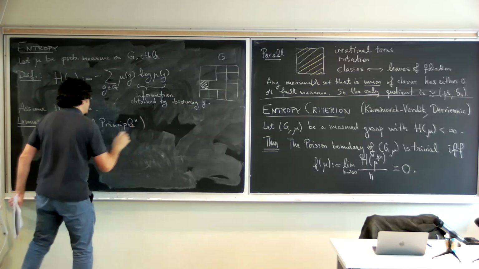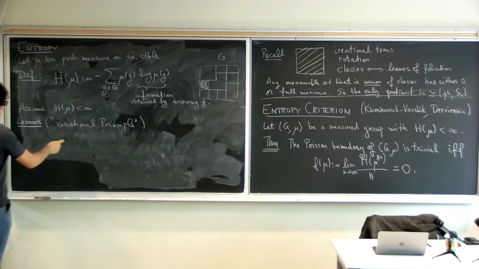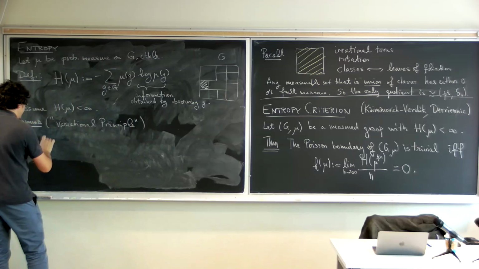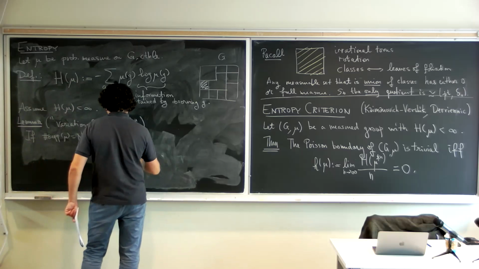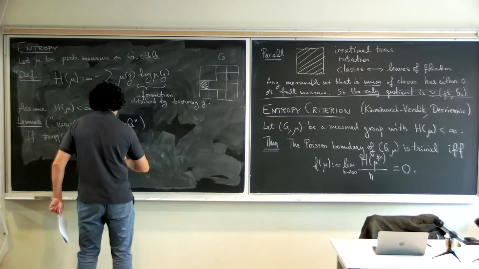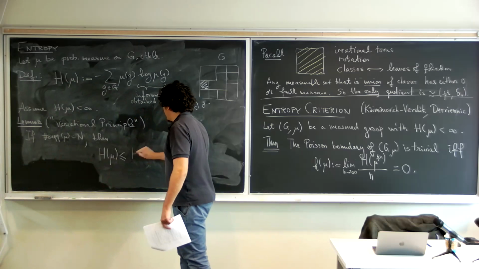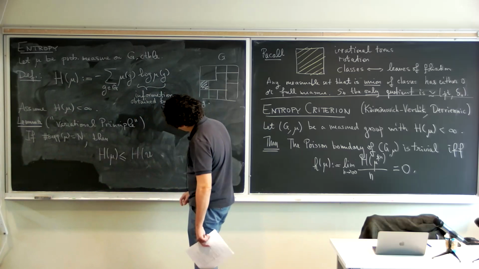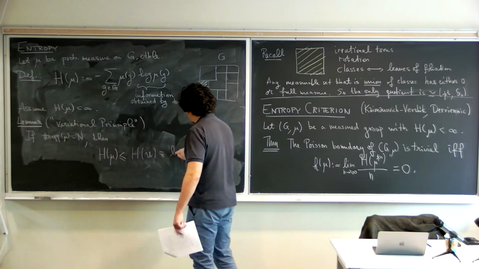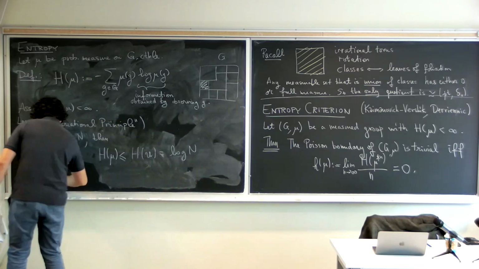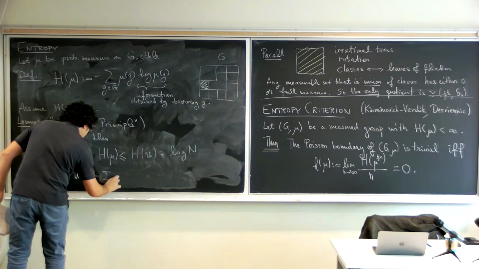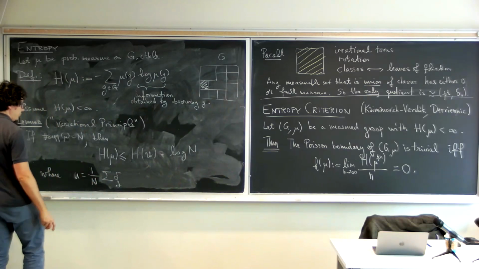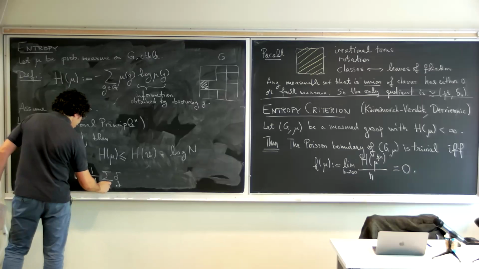In this case, it is very easy to state: if the support of mu has n elements, then h of mu is less than or equal to h of the uniform distribution, which is log n, where the uniform measure is 1 over n times the sum of delta g, where g is in the support.